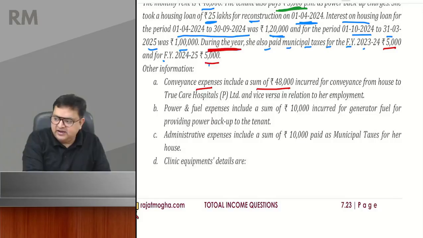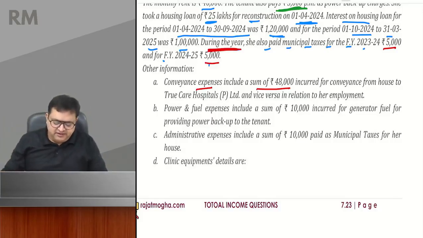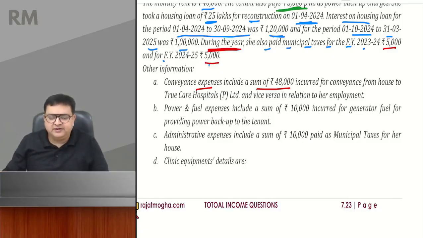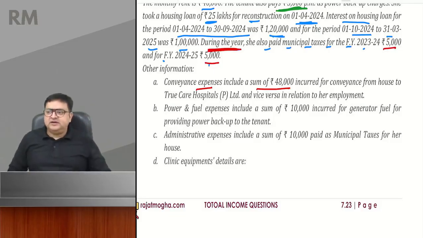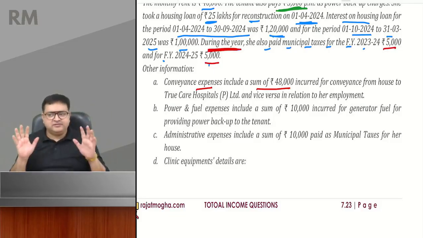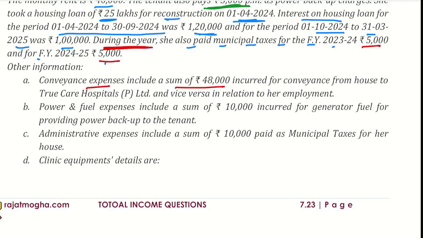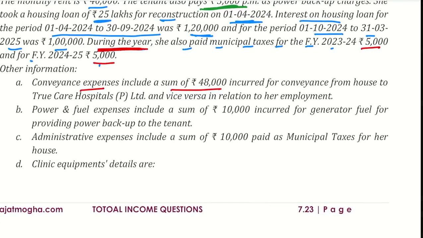Okay, guys, I'll ask you what it is. Is it an allowable expense? Is it not allowed? Is it for personal use? What do you think it is? Forget about everything, what are your thoughts? Conveyance expenses include 48,000 incurred for conveyance from house to True Care Private Limited and vice versa in relation to her employer.